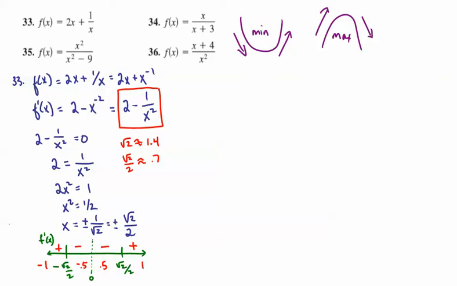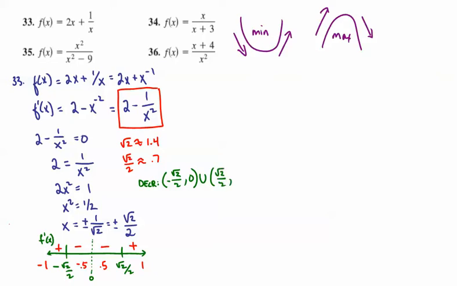So we have here the function is decreasing from negative root 2 over 2 to 0. And then again, we can't include 0 in there. We can't just do the whole thing from negative root 2 over 2 to positive root 2 over 2. We have to break it up.